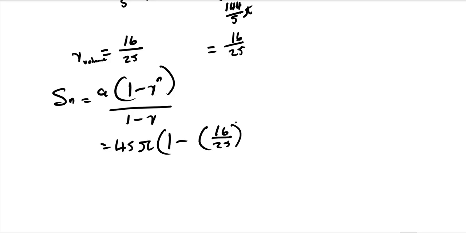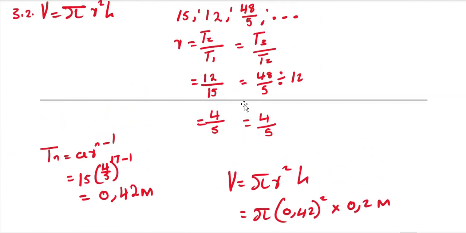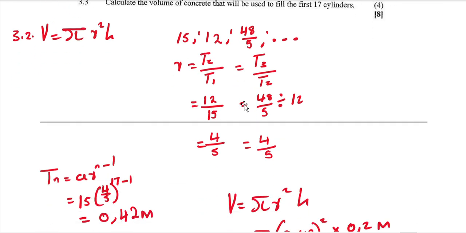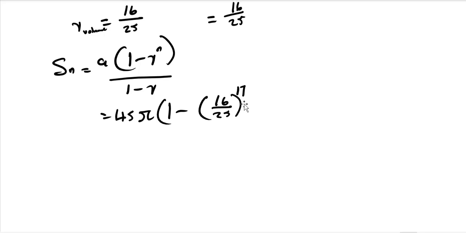The power, what's our n? It is 17, because they told you here to calculate the volume of the concrete that will be used to fill the first 17 cylinders. Then it's 17, and I'm going to close this bracket and then say 1 minus 16 all over 25, your common ratio.